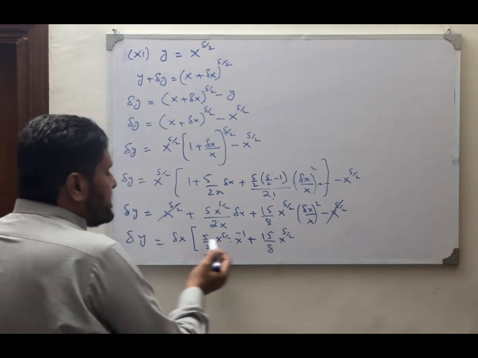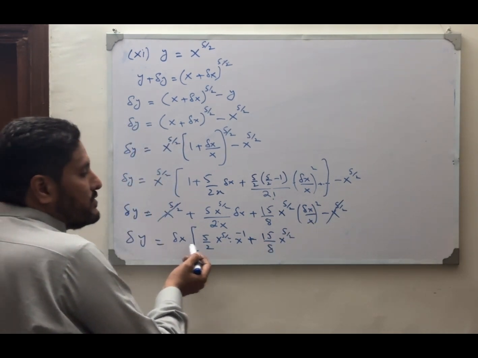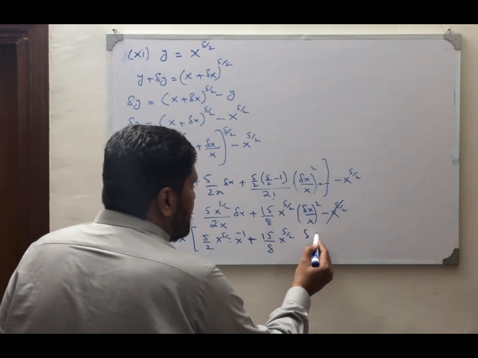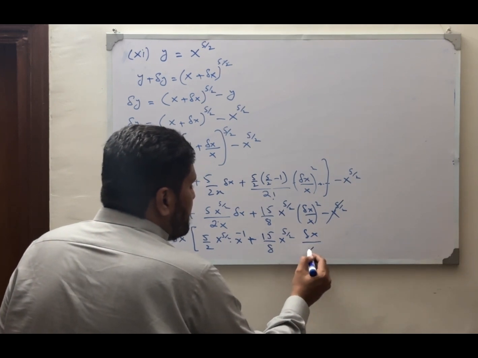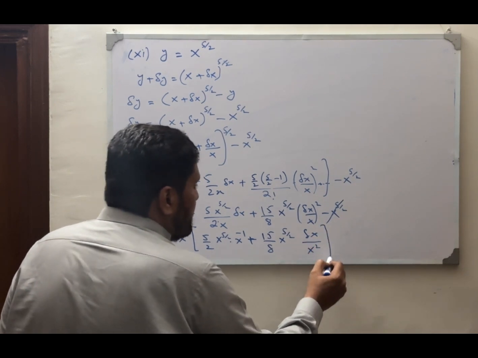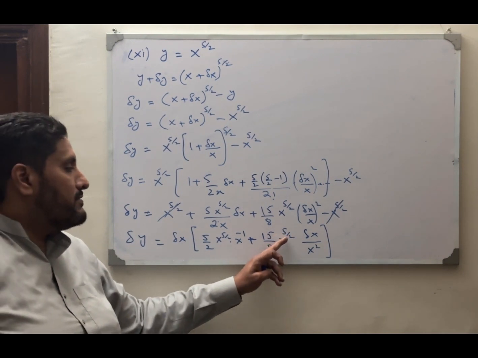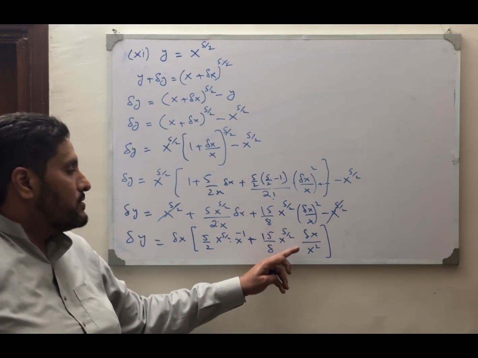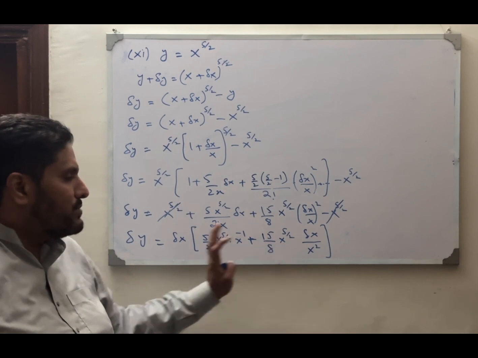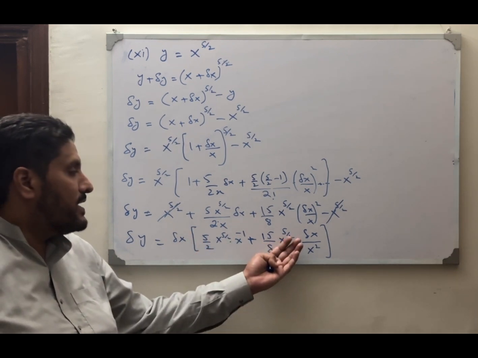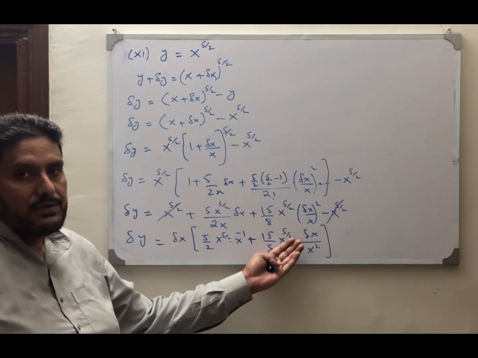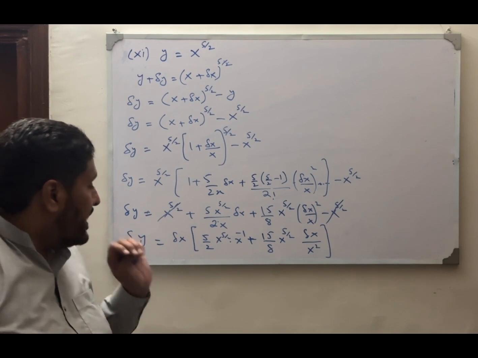For this delta x here, we have taken delta x as common, so we write it as delta x divided by x square. So if we take x square in the numerator, that is x power 5 by 2 minus 2, so that is x power 1 by 2, but we don't need that because this whole second term will become 0, so we don't need simplification for that.